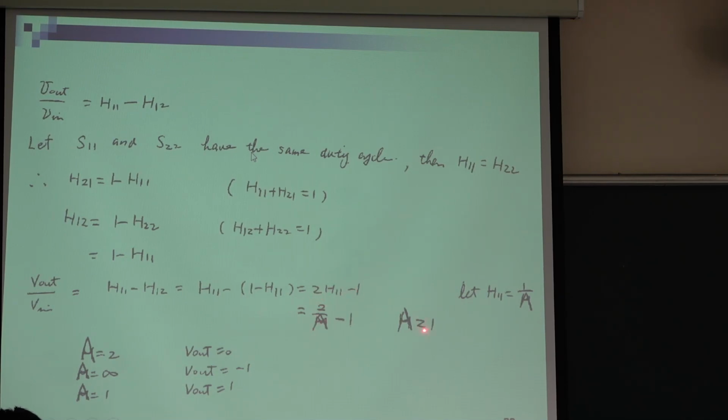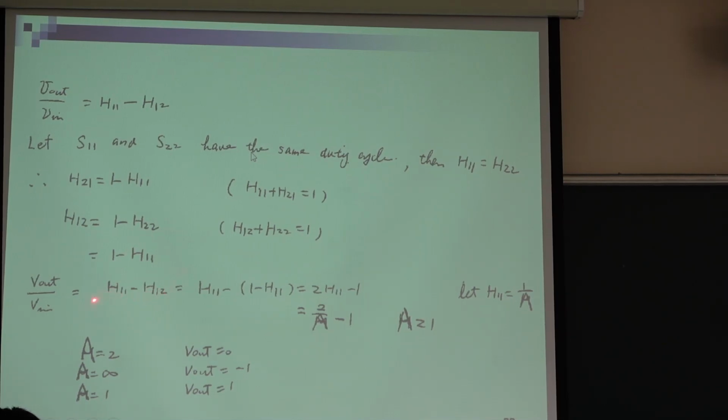If H11 equal to 2, then what happens? 2 divided by 2 become what? 1. 1 minus 1 become what? 0. So if A equal to 2, which means H11 is half, right? H11 is half, and the H12 is also half. Half minus half become what? 0.